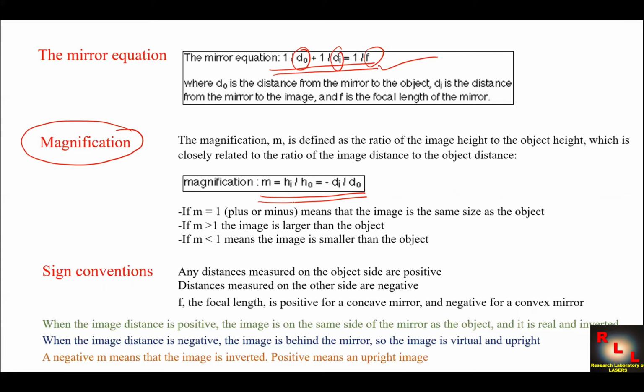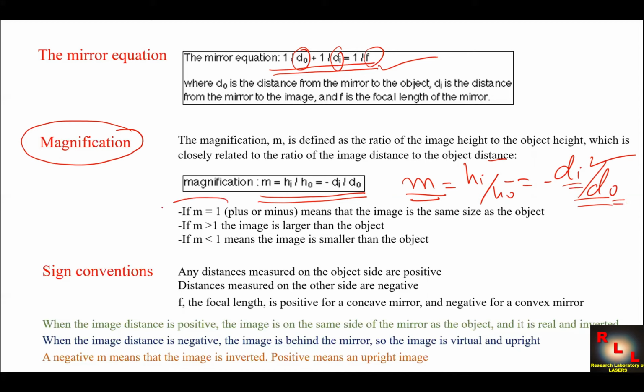It's a ratio of image and object height, and h_i over h_o is equal to d_i over d_o. So we can find this ratio if we know the height. If we don't know the height, but we know these values, image distance and object distance, we can find the ratio.